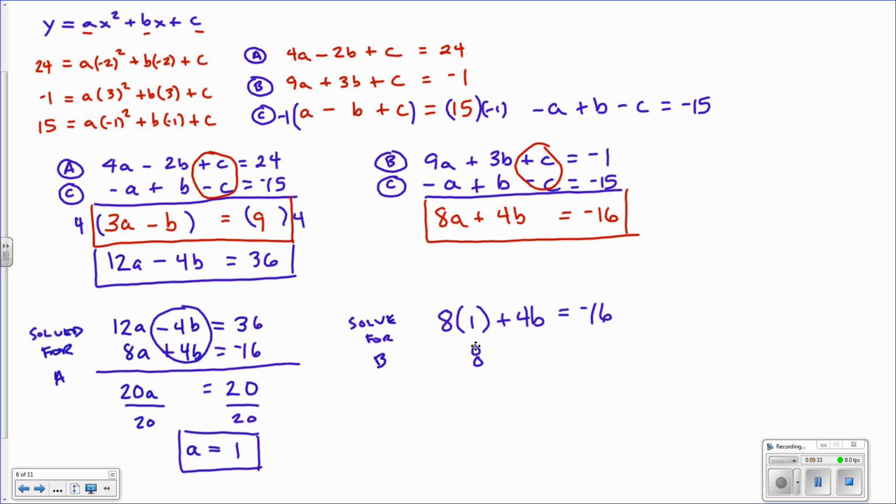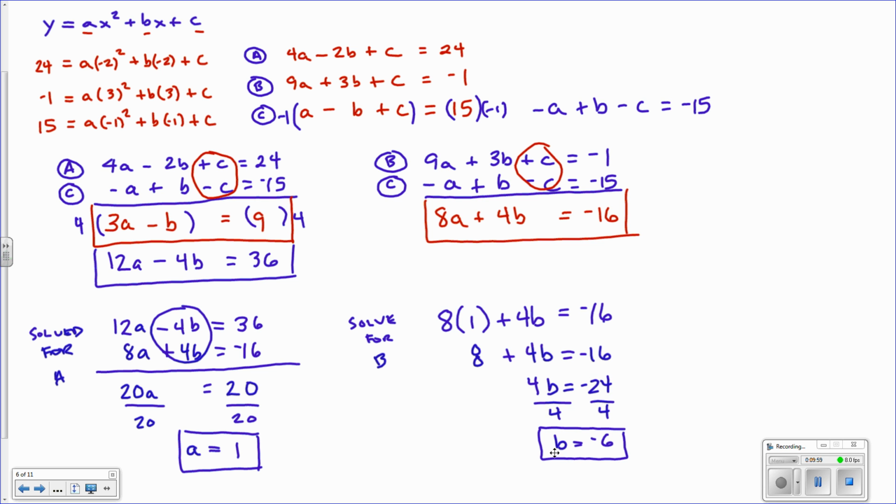So 8 plus 4b equals negative 16. We subtract 8 from each side, so we should have 4b equals negative 24. So b equals negative 6.